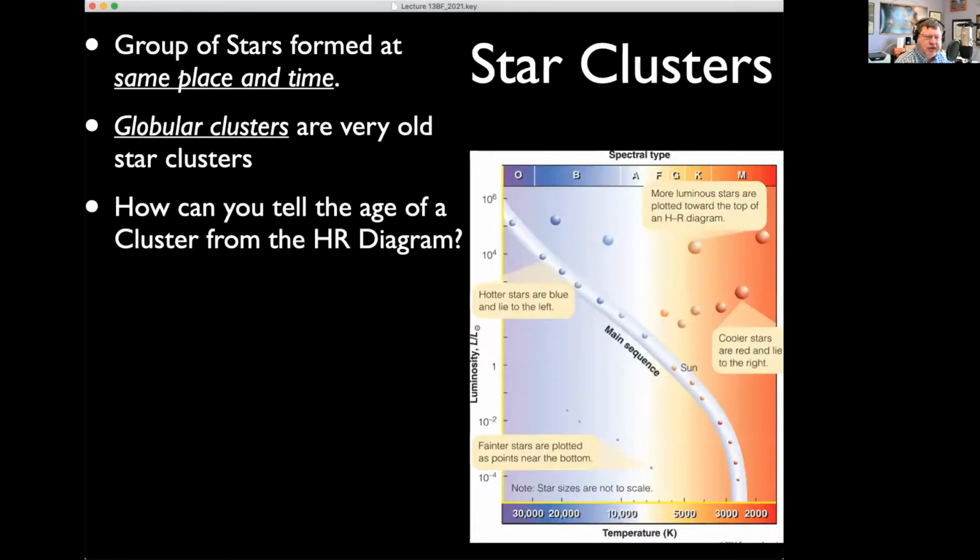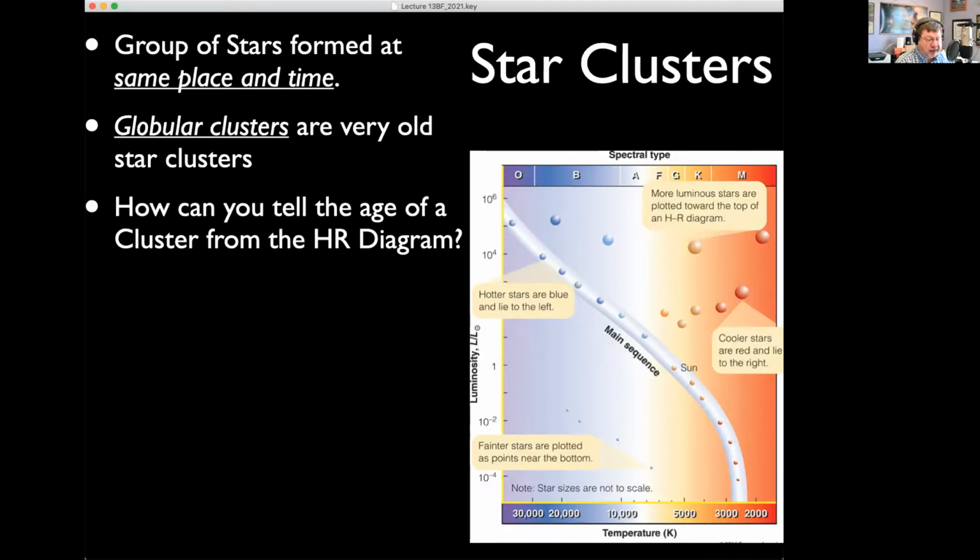So how can you tell the age of a cluster from the HR diagram? Anybody have a guess? Remember, these stars live for trillions of years. Stars like our sun will live for 10 billion years, and stars up here will live for 1 million years.